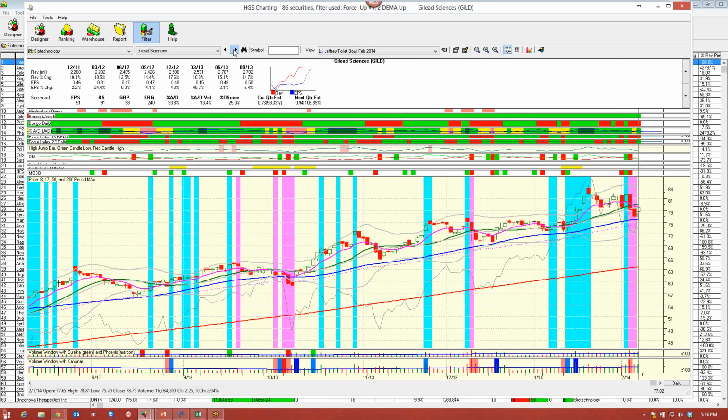Gilead is one of my favorites for this year. I like to buy these when they pull back to free parking, known as the 50-day moving average. It pulled back to the free parking on Friday and bounced off of it. In a pullback, I don't have to go in tomorrow. I might wait till it breaks above the 8 to 17. I might wait for a kahuna or a pocket pivot.